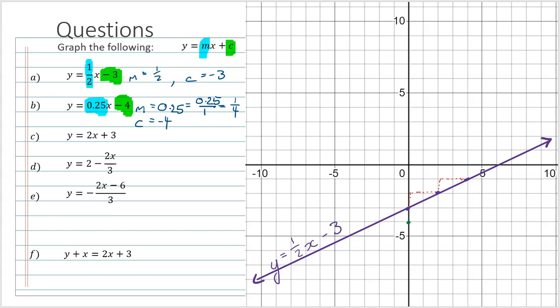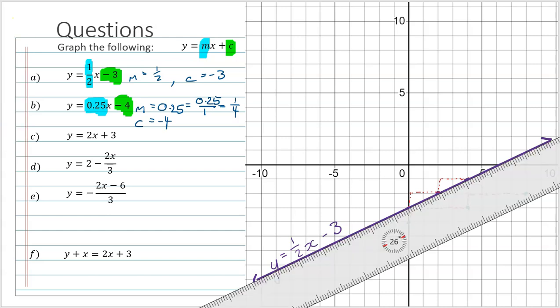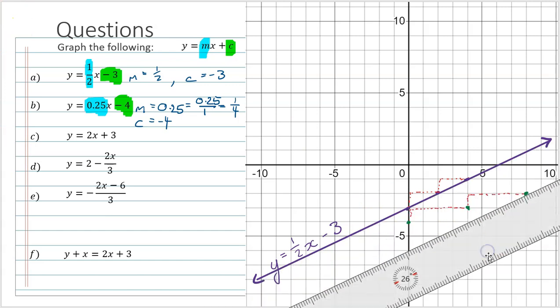So this means for every value I go up 1, I have to go across 4. So I'm going to go up 1 and then across 4. Up 1 and then across 4. Now marking those points, and then grabbing my ruler.